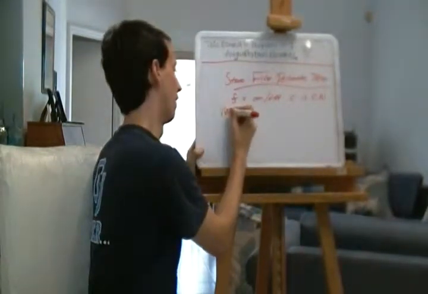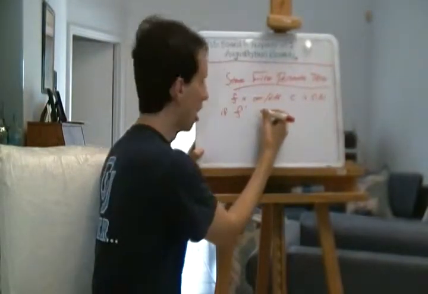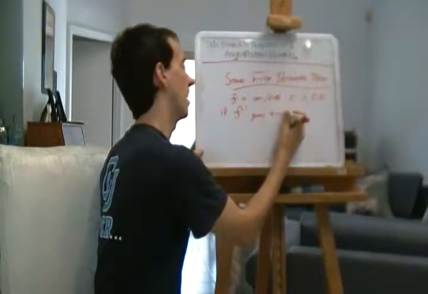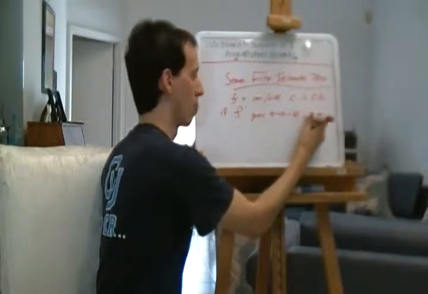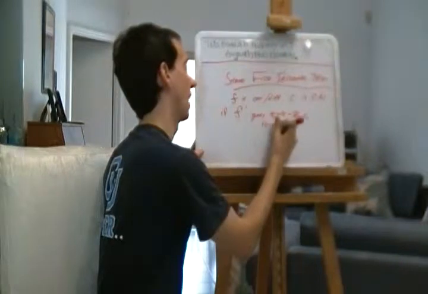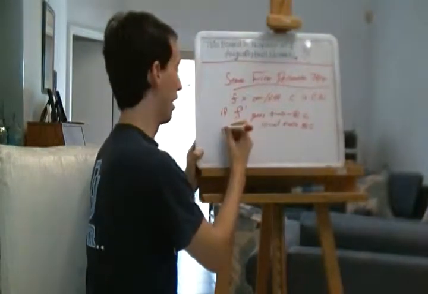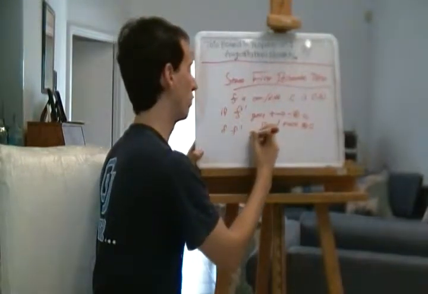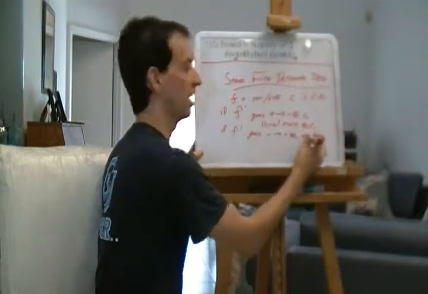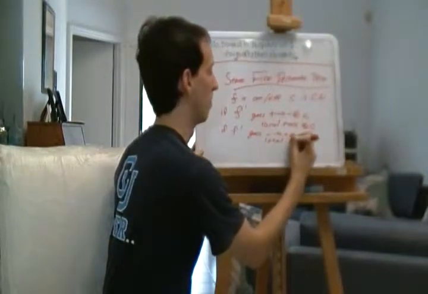So, if f prime, the derivative, goes from positive to negative at c, we've got a local max at c. If f prime, the derivative, goes from negative to positive at c, we have a local minimum at c.